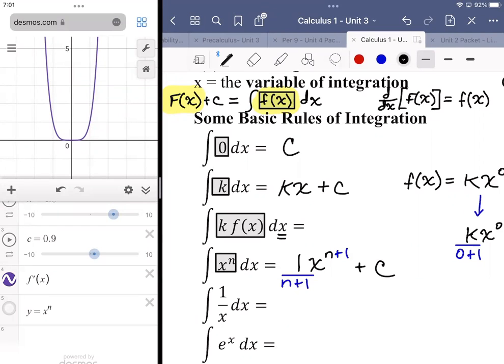It didn't need to be in the integral in the previous one either, but we still would have had a constant in there if we factored it out, because factoring out a k would have left you with a 1. But here, if you factor out a k from the integral, it leaves you with a lowercase f of x dx.